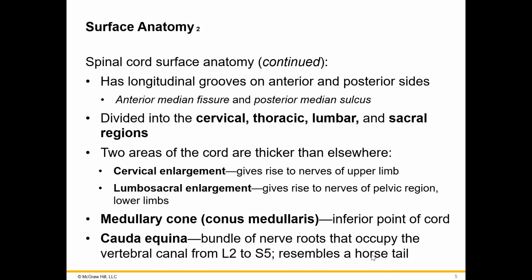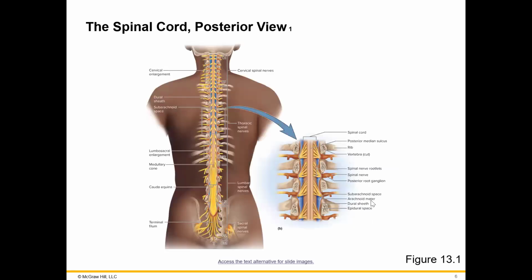The cauda equina is nerves, not spinal cord. So the spinal cord ends at L1 in terms of soma, cell bodies, and computers, but the continuation is going to be ganglia and nerve fibers.